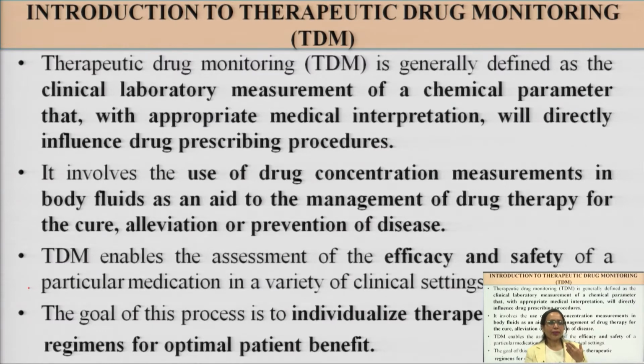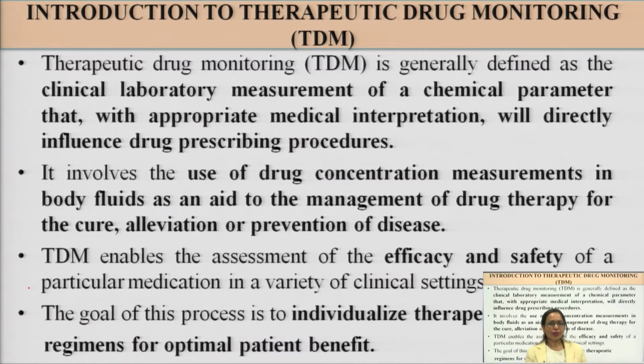Therapeutic monitoring is essential for drugs where the efficacy is dependent on TDM, and it involves the use of drug concentration measurement in body fluids as an aid to the management of drug therapy for the cure, alleviation and prevention of disease.